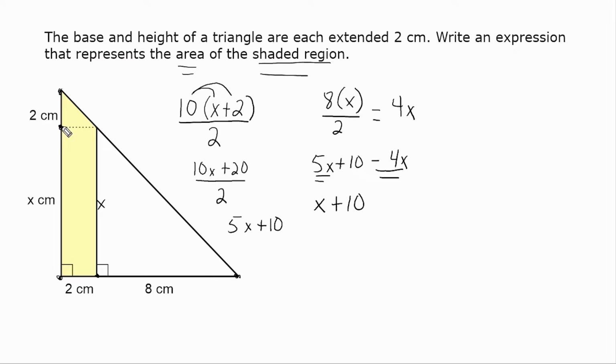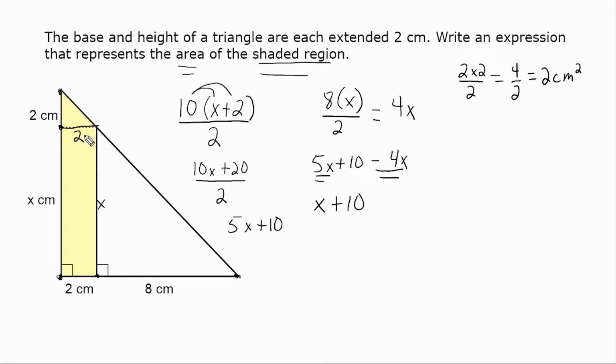And of course, the base of this triangle is also 2 centimeters because opposite sides of rectangles are equal. So if we took 2 times 2, the base times the height, and then divided it by 2, that would give us 4 divided by 2, which equals 2 square centimeters.